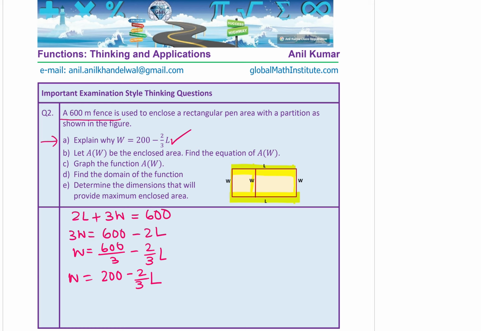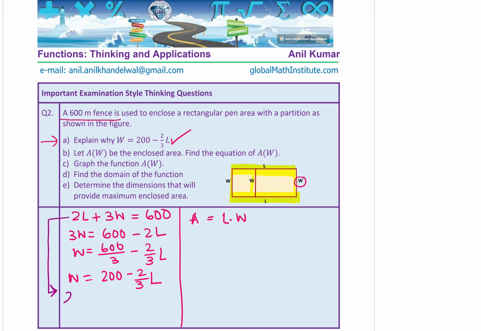Now we need to find the area in terms of width. So the parameter to be used is width. So let's try to do this. Area is what? Area basically is equal to length times width. Since we want W, we have to rewrite this equation in terms of length. This is important, right? So let's rewrite this in terms of length. That means we could have rearranged this and also written what L is equal to, right?